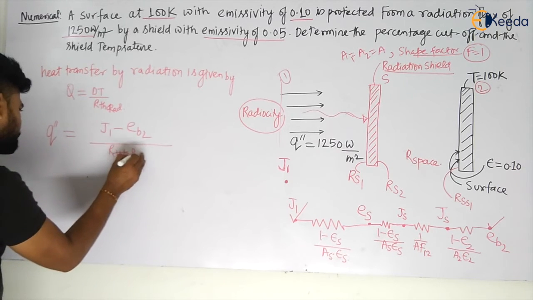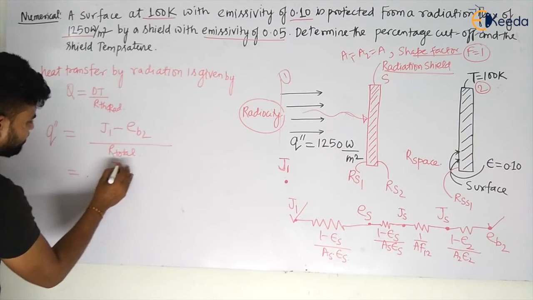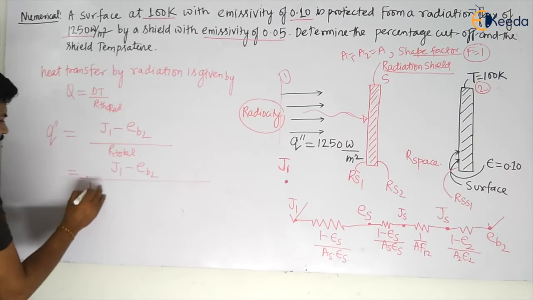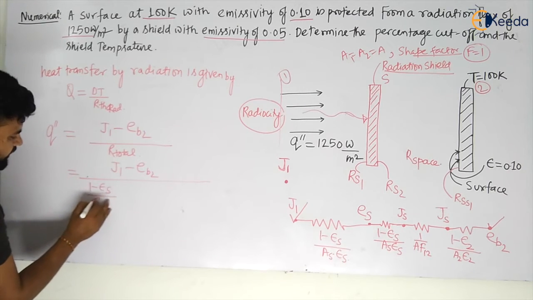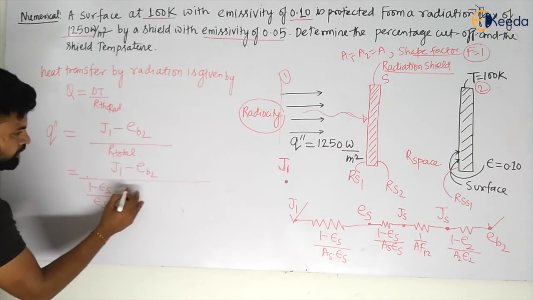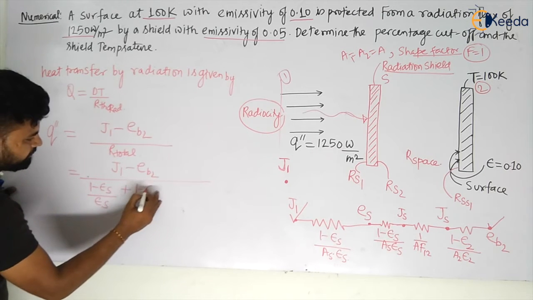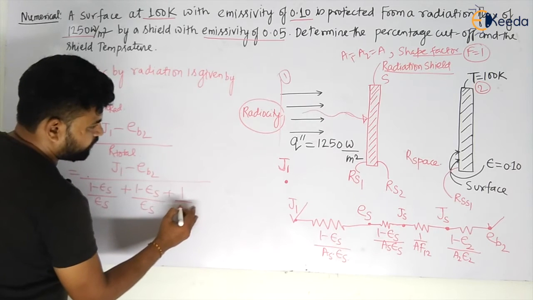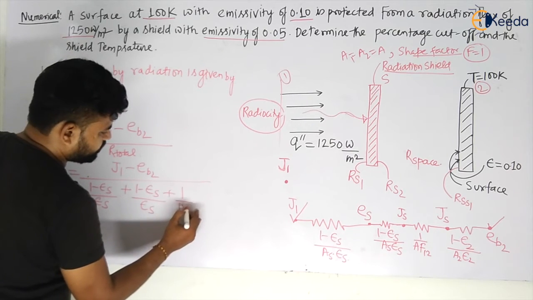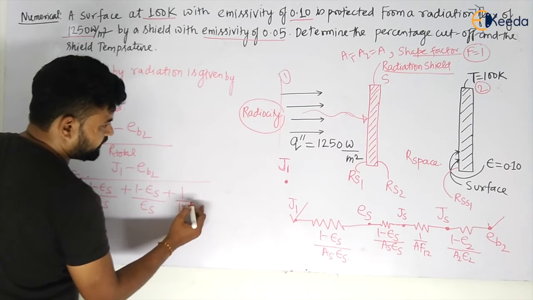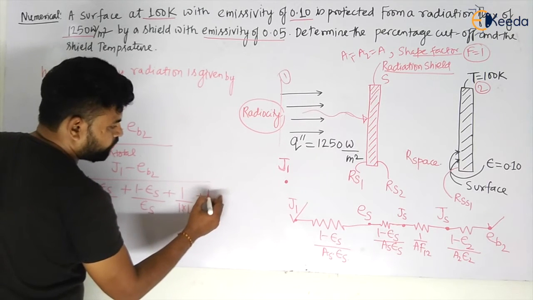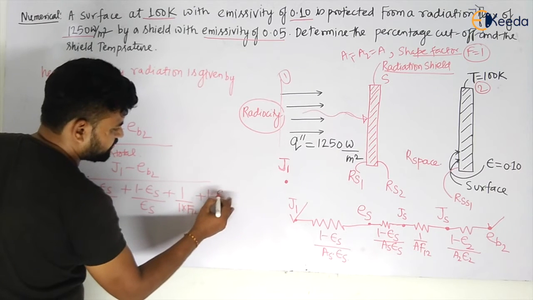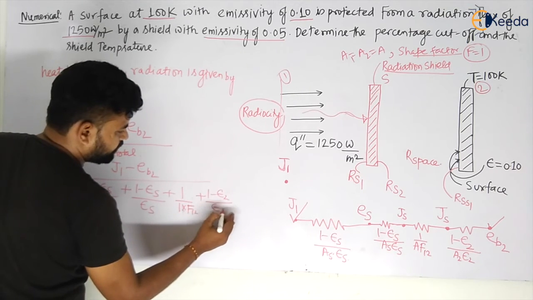So what will be the total resistance? Let us see. So this will be the effective resistance, EB2 divided by 1 minus ES divided by ES, because per unit area I am taking now, plus 1 minus ES divided by ES, my dear students, plus 1 upon A1, I have taken unit, also this is taken unit, per unit area I am taking now, plus 1 minus E2 divided by E2, whatever F12 or F1S it is, my dear students.